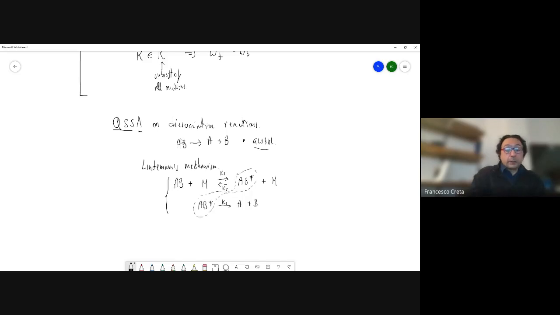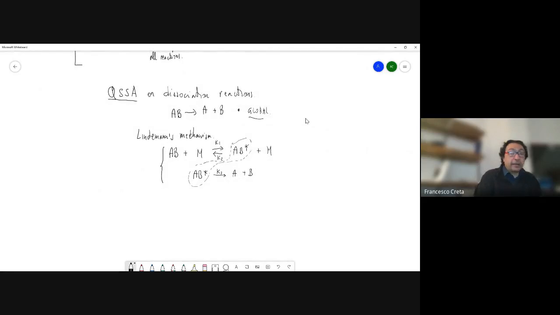So let's write down the rate of change of the intermediate, the rate of change of AB star. And we can do this because now we know exactly the intermediate. These are elementary steps, remember, so we can write down a term for each of those. So the forward step of the first reaction: K1 [AB] times [M].